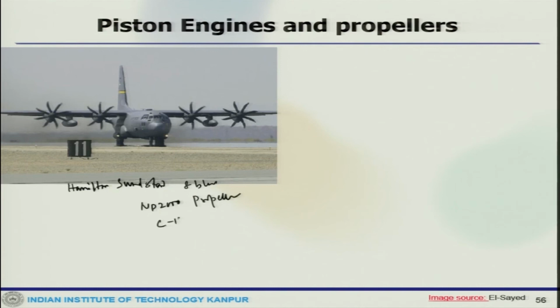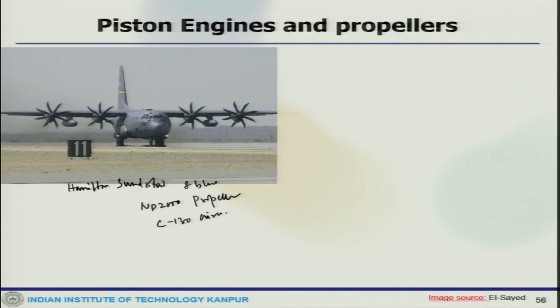This is used in the C-130 aircraft. So, there are different things which are there, like its blades, its rotation, counter rotation.